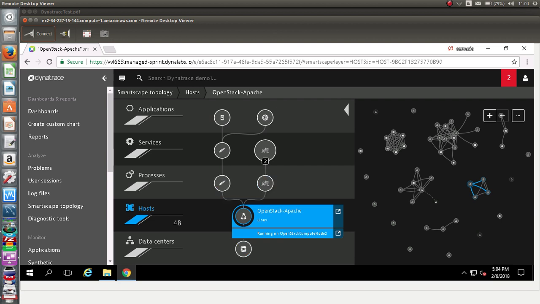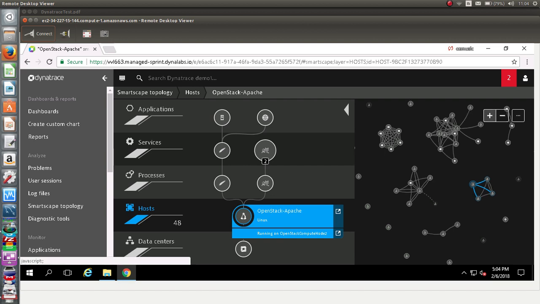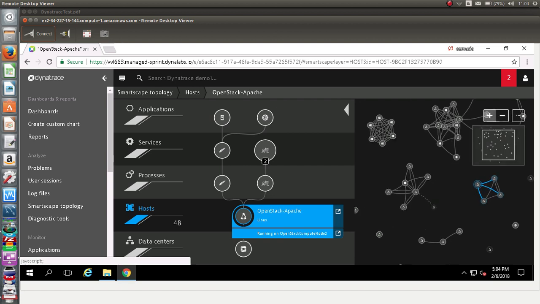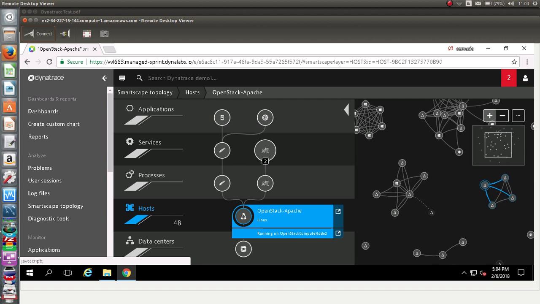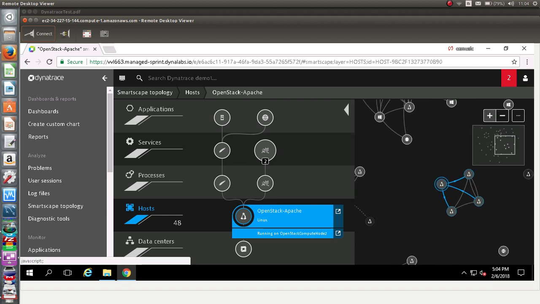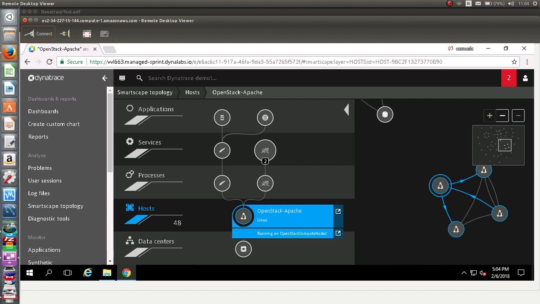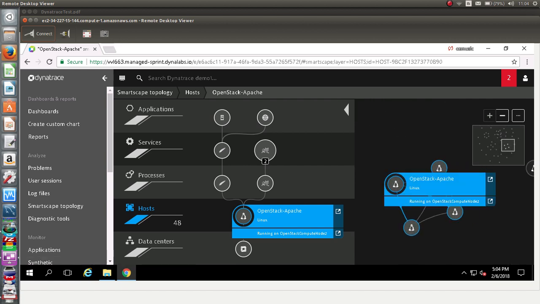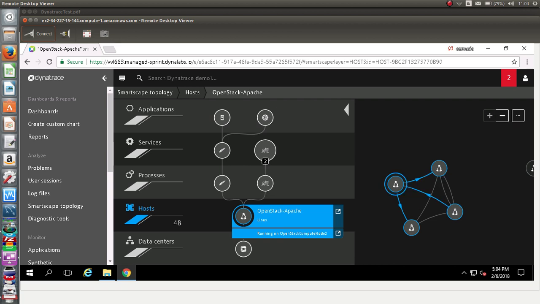It is on Linux. Okay, so we are going to expand here to see what relationship this host has with other hosts under the topology. Here we have the OpenStack Apache, which at the same time is calling another host, which is the OpenStack, and is calling the OpenStack custom front end.